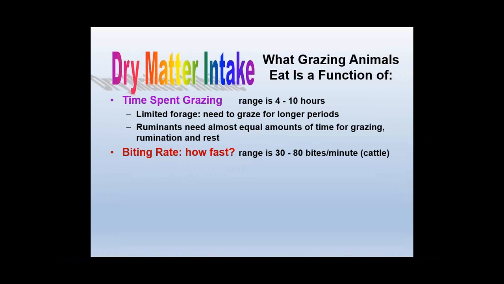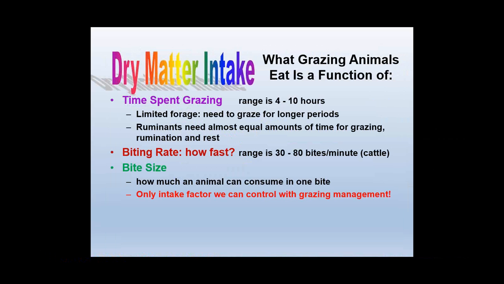The other thing that we have to think about is biting rate. This is more of a physiological thing, so it's going to be set with whatever animal we're working with. For example, the range with cattle is thought to be about 30 to 80 bites per minute. So that's not one we can impact too much. But the third one is bite size, and that's how much an animal can consume in one bite.